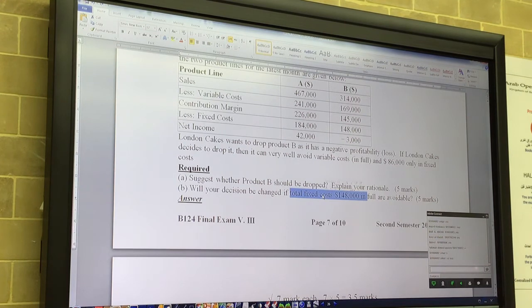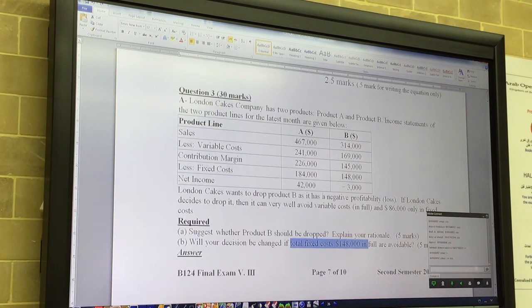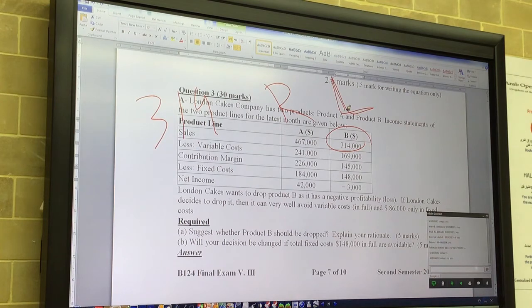You will compare the revenue lost with what? The cost saved. So the revenue for department B, how much? 340. This is the revenue loss.